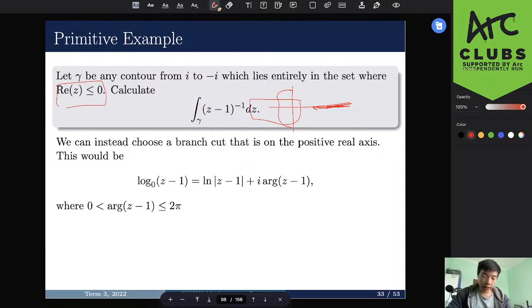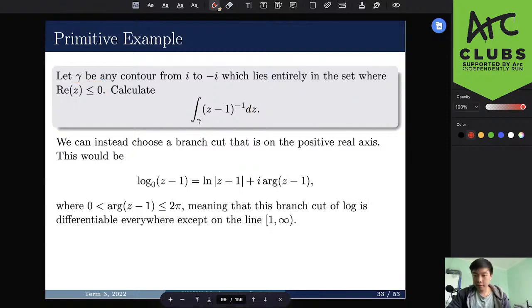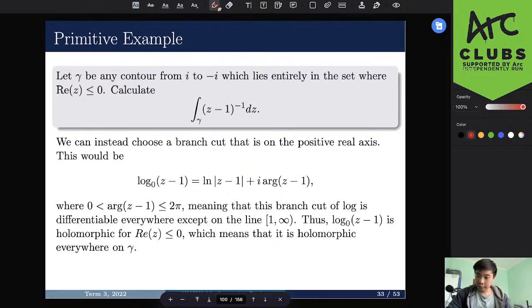And of course we have our log 0 of z minus 1 being equal to ln the modulus of z minus 1 plus i times the argument of z minus 1, and the argument ranges from 0 to 2 pi. So, of course, what that means is it's going to be having a branch cut from 1 to infinity, which does not concern us, so that's absolutely fine.